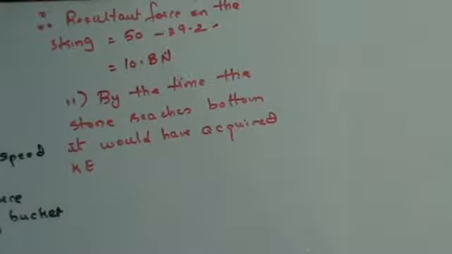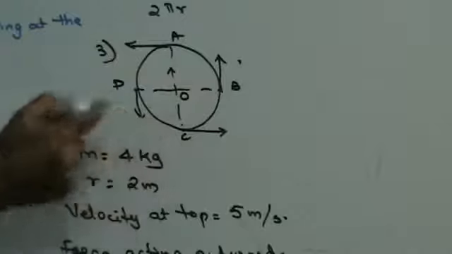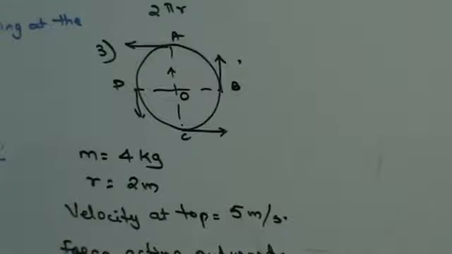If it would have acquired kinetic energy, how much vertical distance would it have traveled? See, the radius is 2 meters. Can you see this? How much is the vertical distance it would have covered? 2 meters here and 2 meters here. So the vertical distance that it would have covered is 4 meters.